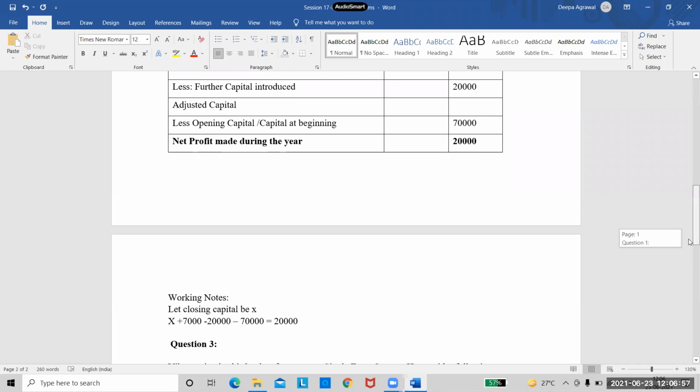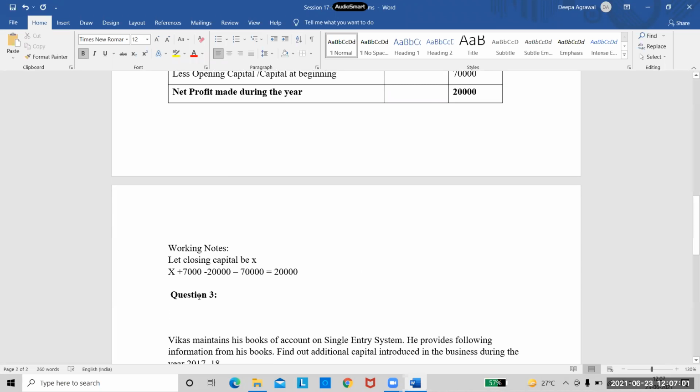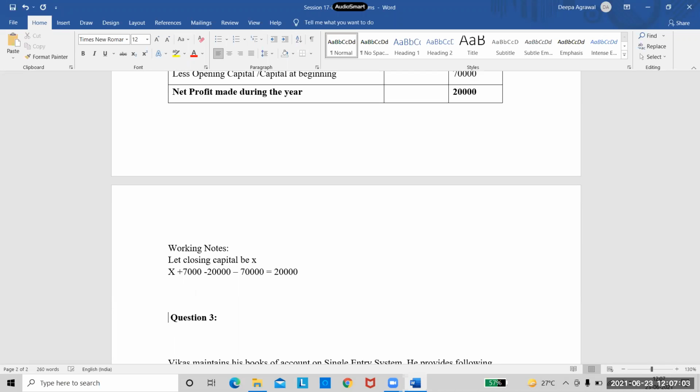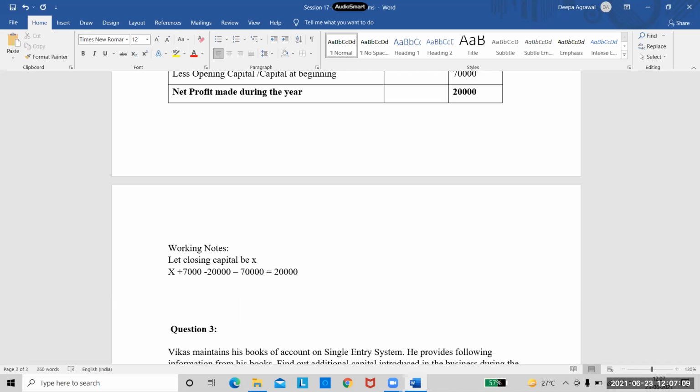Tell me if it is correct. This is how I could understand. Tell me if the equation is correct, or maybe I'm making an error. Anyone having a problem in the equation? See, what am I assuming here?